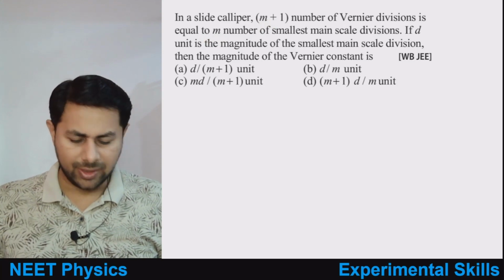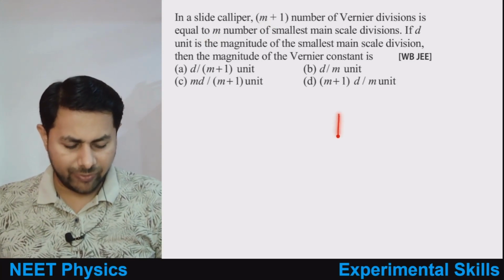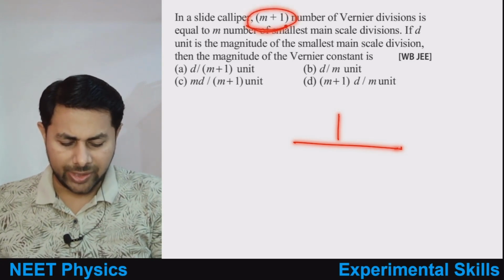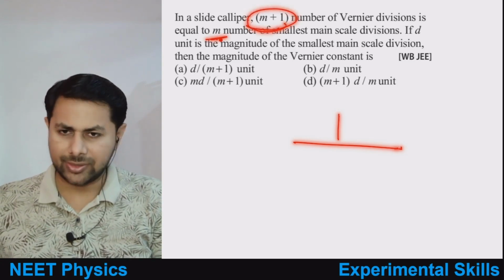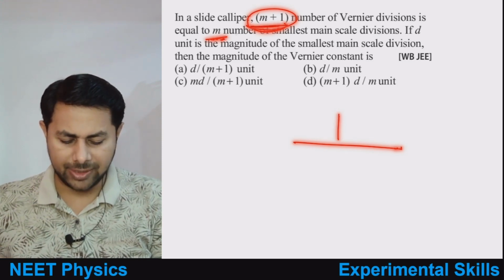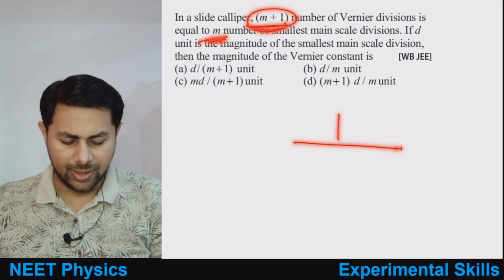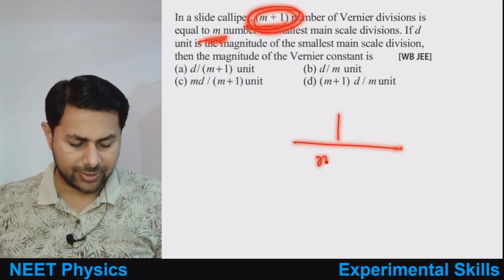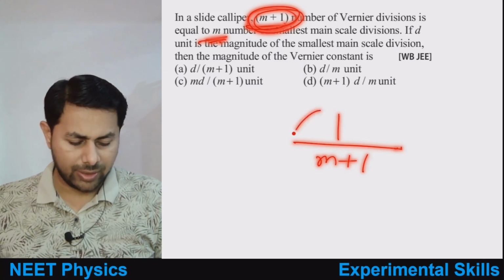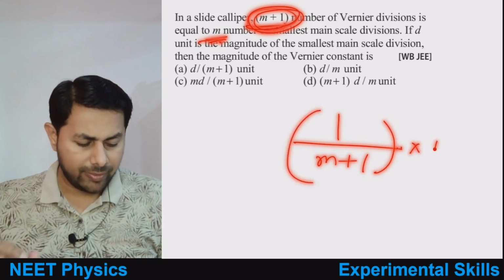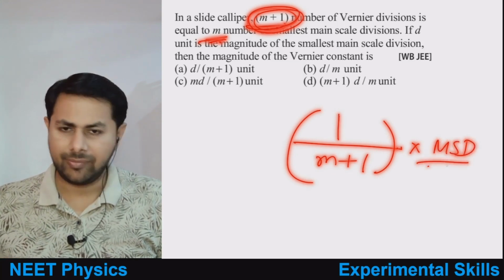Whenever the difference is 1, we take 1 divided by the number of divisions of the vernier that are matching with some number of divisions of the main scale. So what is the number of vernier scale divisions? It's m plus 1, so 1 divided by m plus 1 times the main scale division.